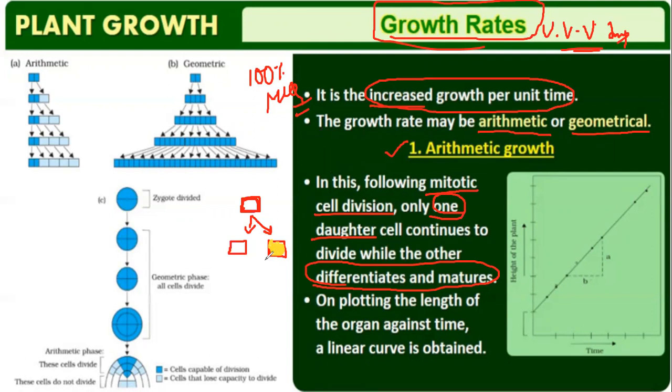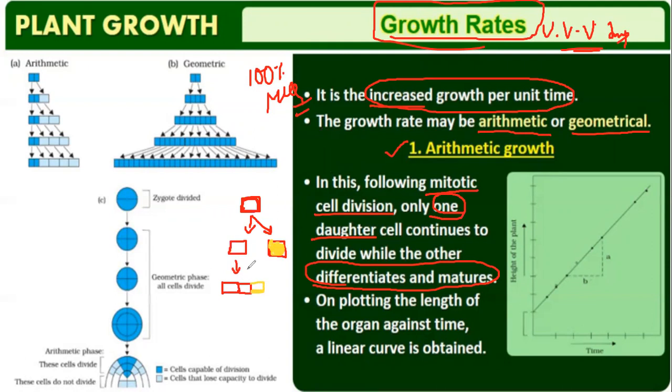So the growth of this particular cell will stop. This particular cell divides into two, and the cell marked with yellow stays with them but won't differentiate.